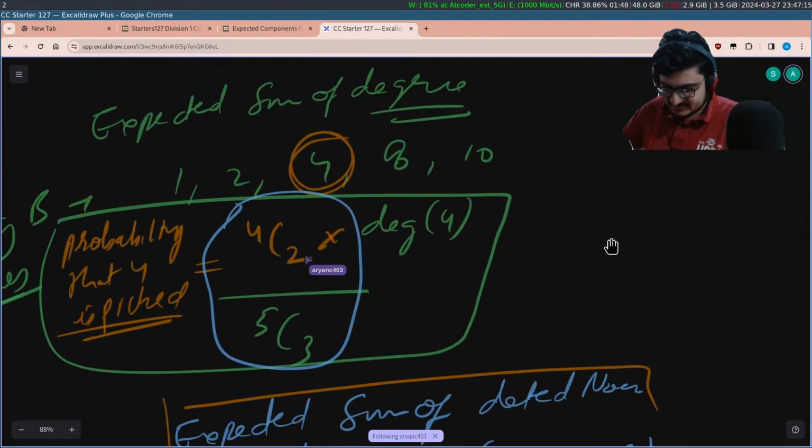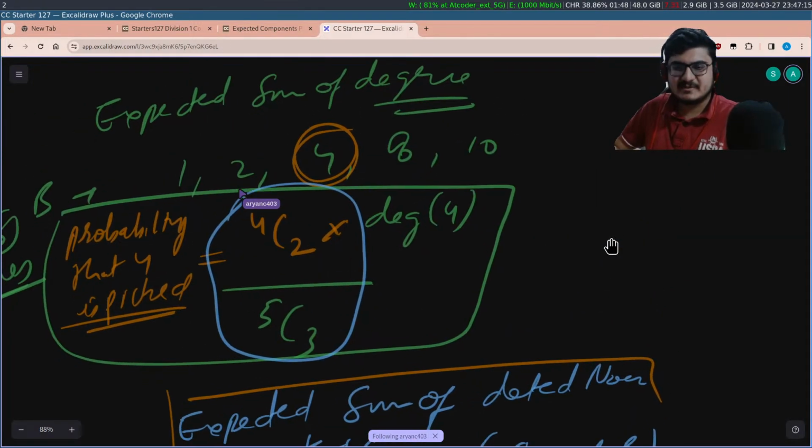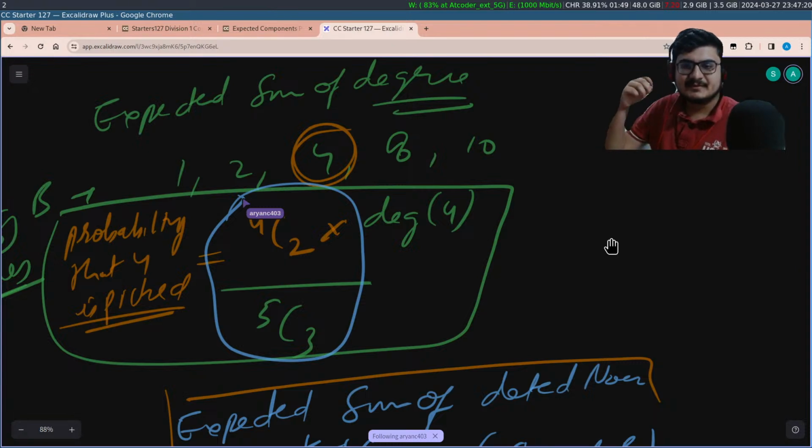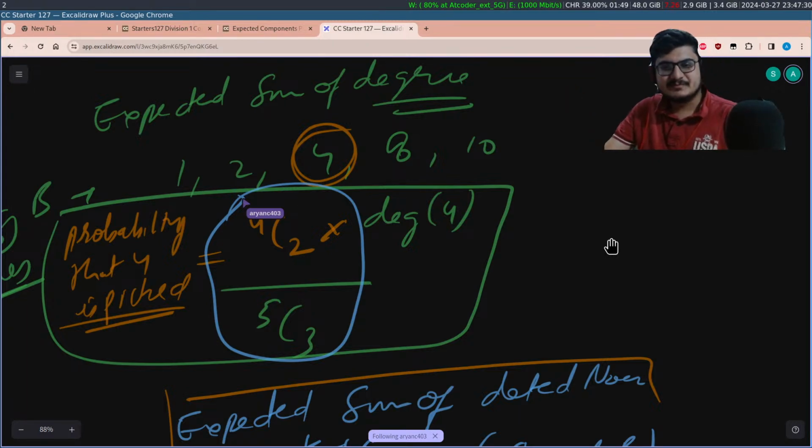And if you see, this probability will remain the same if you want to find the expected probability that 2 is also selected, or the expected probability that 10 is selected. Because if you want 10 to be selected among the 3 nodes we have chosen, then we have to choose 10 and any 2 nodes at random from the remaining set.